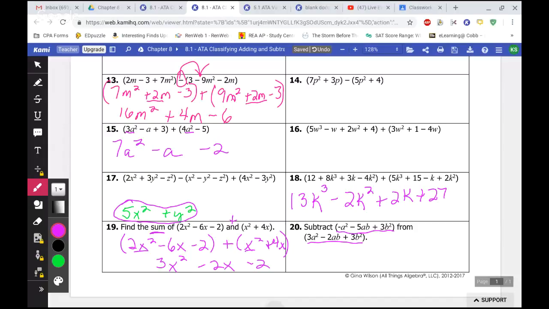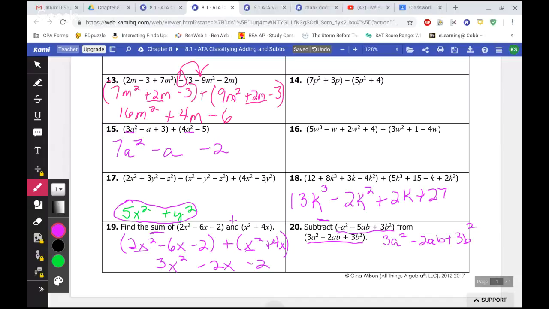So 3a squared minus 2ab plus 3b squared is the first term. And now when you're subtracting, got to remember there's a minus there.